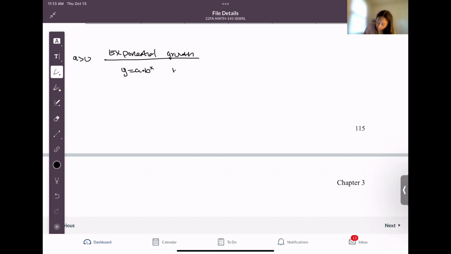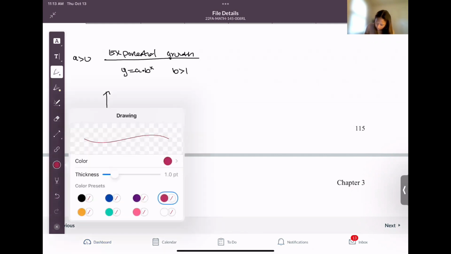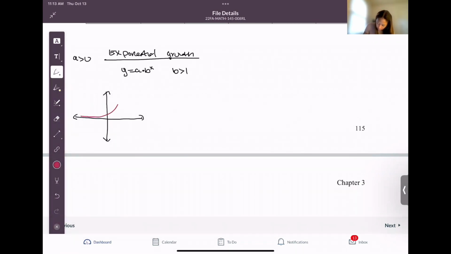For exponential growth, b is greater than 1. We're going to have a graph that has this shape. Increasing, y-intercept at 0, 1, and we have a horizontal asymptote.